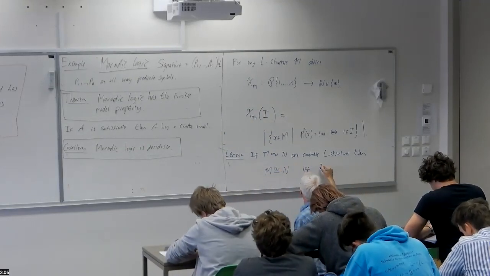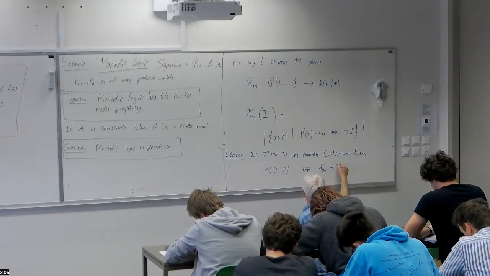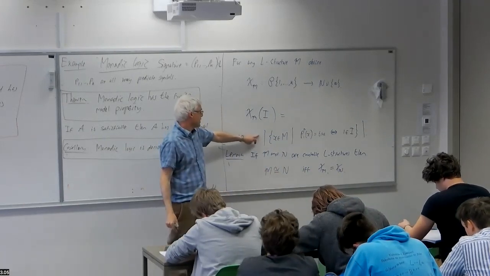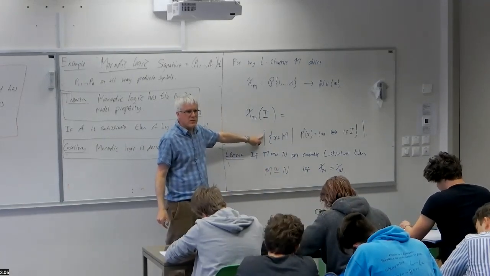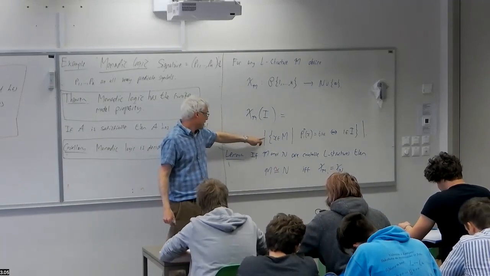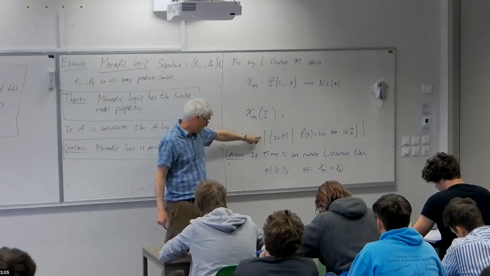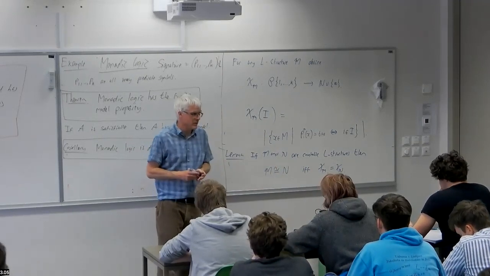That is, the characteristic function of M is the characteristic function of N. So for countable structures, this characteristic function characterizes structures up to isomorphism.